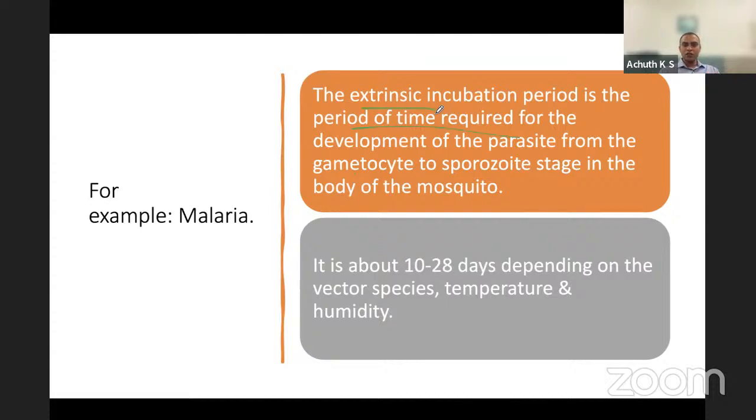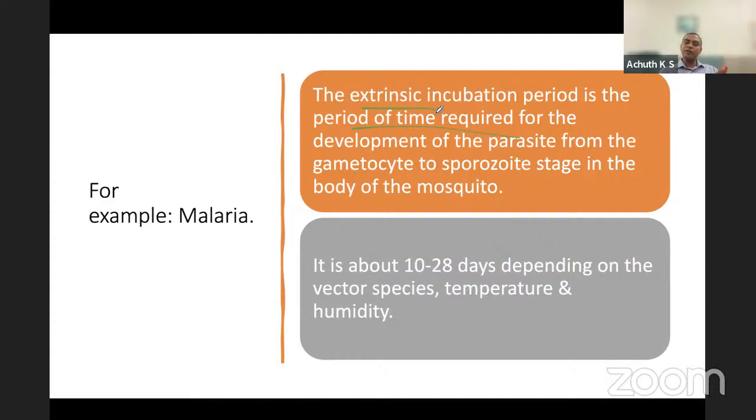This is the extrinsic incubation period, the exogenous phase, and whatever happens in the human body is the endogenous phase. From sporozoites to merozoites to ring trophozoites, again to gametocytes. This is the intrinsic incubation period.